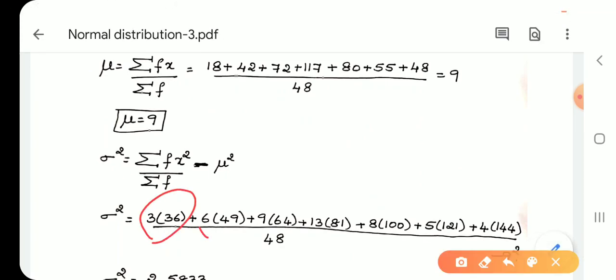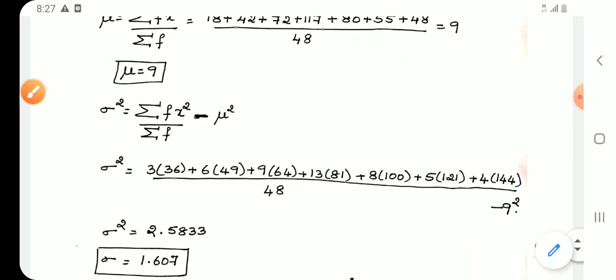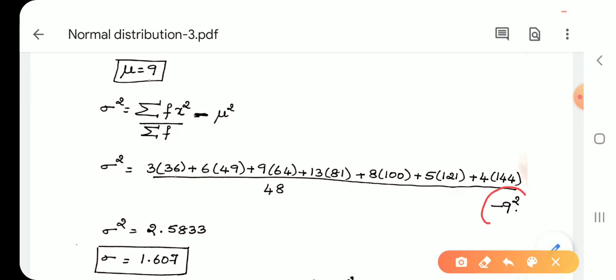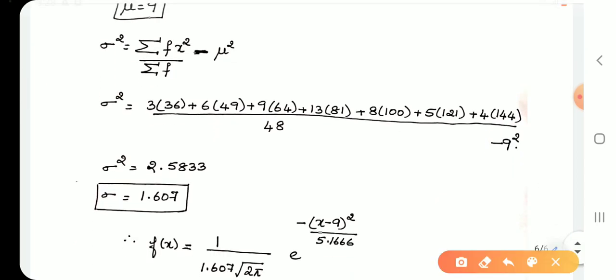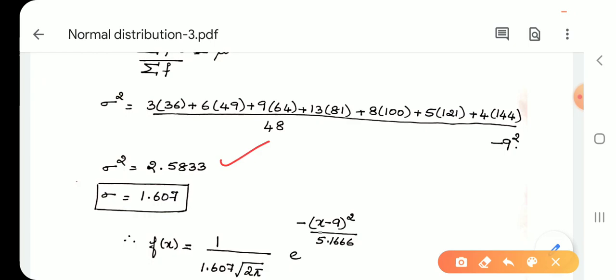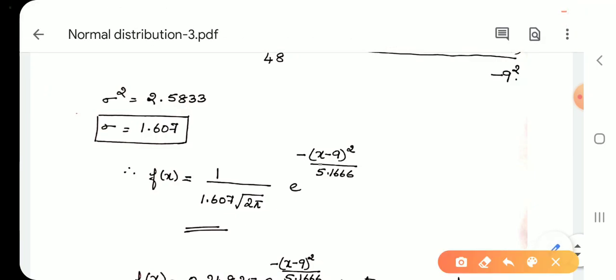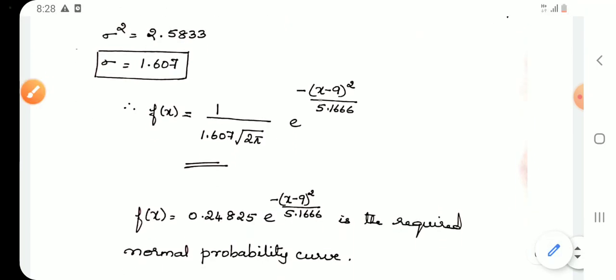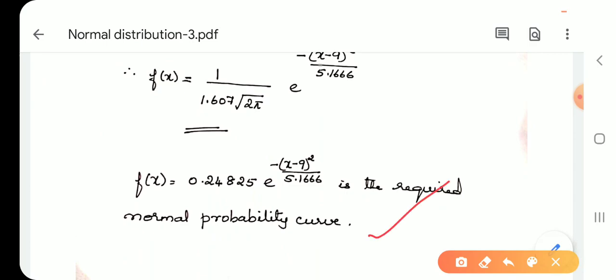Likewise, if we add the multiples of all this, and subtract mu square, that is minus 9 square, divided by 48, we get sigma square as 2.5833. So sigma is the square root of 2.5833, which is 1.607. So if we put these values in f of x, we get the required normal probability curve.